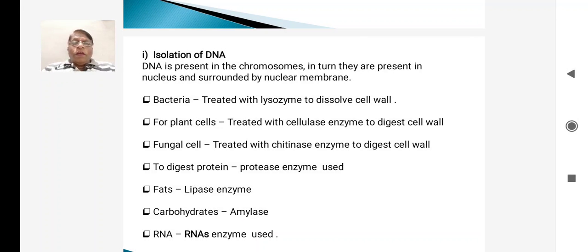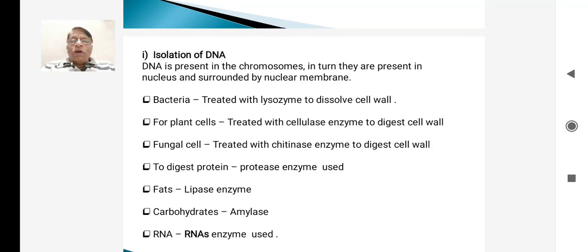Say you imagine you are isolating the DNA from a bacterial cell. How to isolate the DNA? The bacterial cells are treated with the enzyme lysozyme. It dissolves the cell wall.